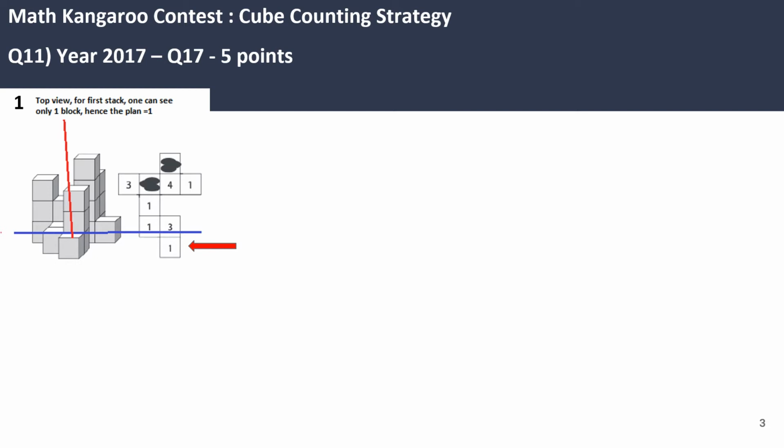So if I look from top view, I can see how many cubes would be available. And this is first layer, this is second layer, this would be the third, and this would be the fourth. So we're going to look at these layers.